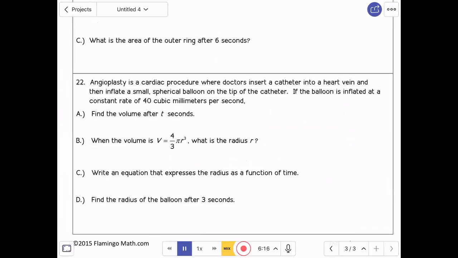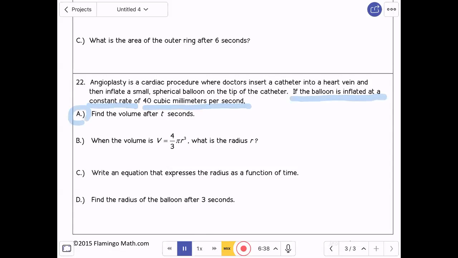All right, let's work on number 22. I'm not going to read all the questions. I'm just going to point out the couple of pieces of information that we need for each question. I'm going to highlight the last sentence. It says, if the balloon is inflated at a constant rate of 40 cubic millimeters per second.